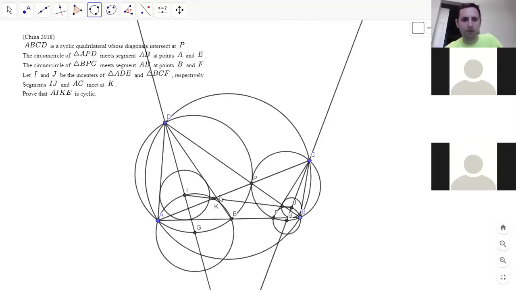An interesting configuration. So maybe we could show that PK is equal to P.